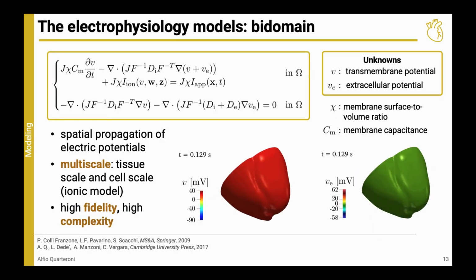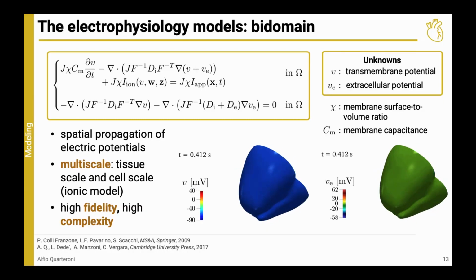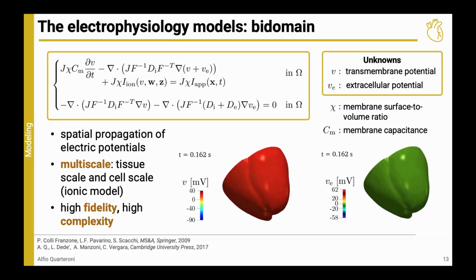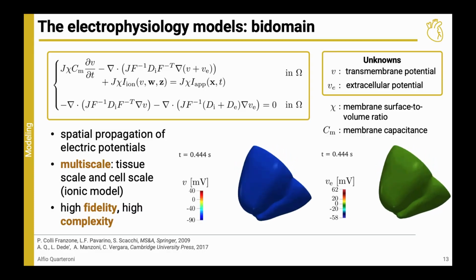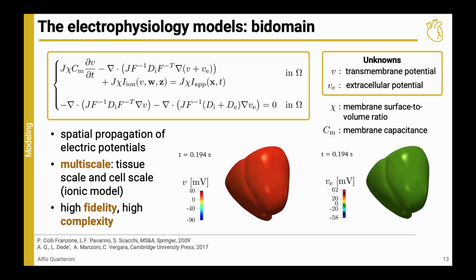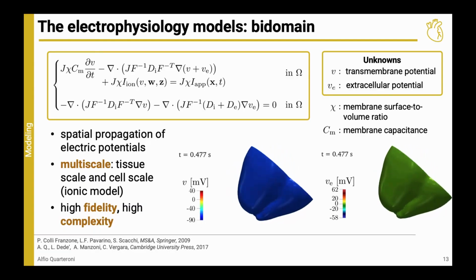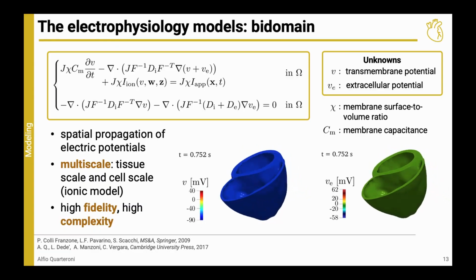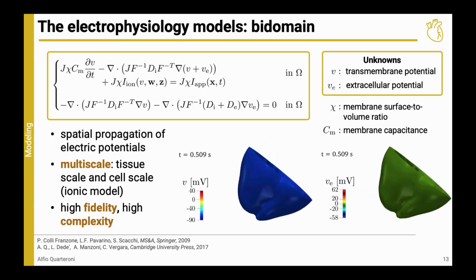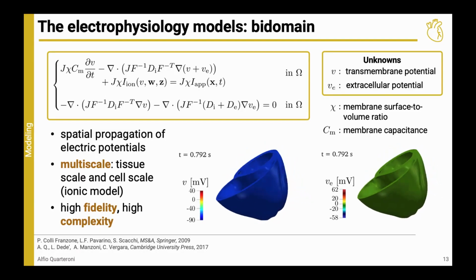Then you want to propagate the electrical signal, and then you solve the problem, which has this form. This is a partial differential equation. Actually, it's a system of partial differential equations. In the typical classification, it is a system of nonlinear reaction diffusion equations. The solution of this problem is the transmembrane potential and the extracellular potential.